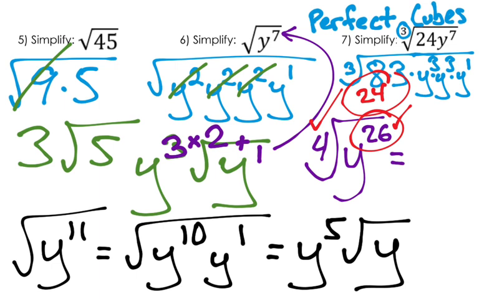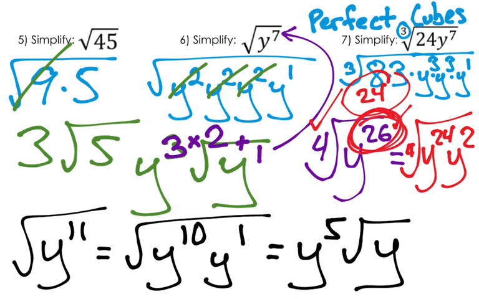So when you rewrite this, we would have the fourth root of y to the 24th power. And then, actually, let me just move that over a little bit. Y to the 24th power, and then the extra 2 y's that were left over to get to 26, you just write those down after it.